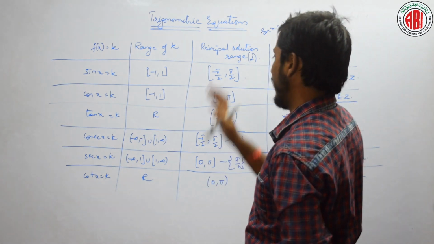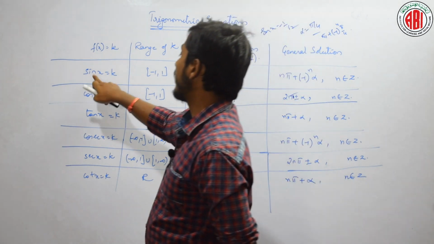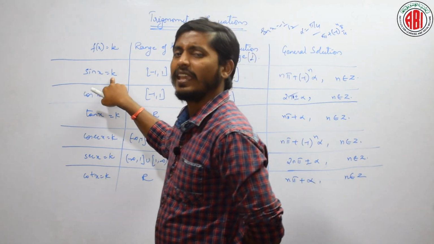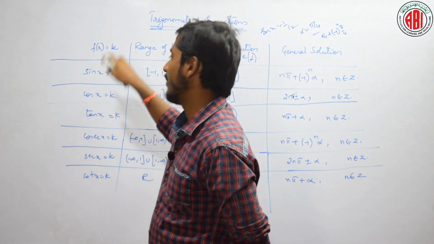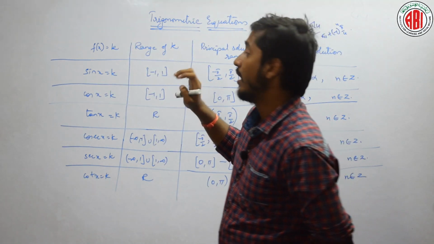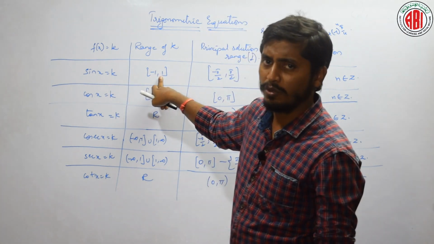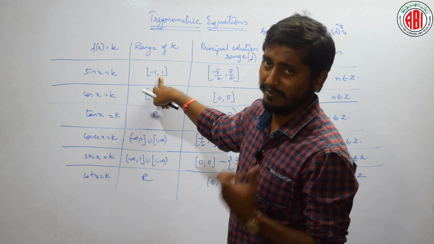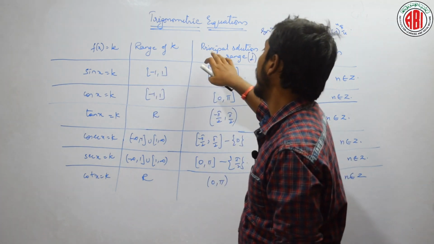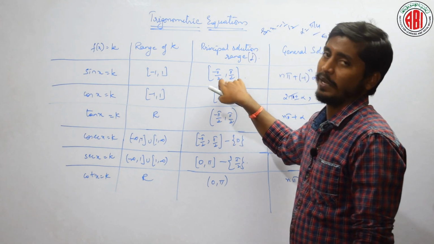See here, let us see all the different solutions of this kind. The first one is sin x equal to k. K is some constant, it might be 0, 1, or 1 by 2 or 1 by 4, whatever. Its value always lies between minus 1 and 1. Hope you know the range of sin lies between minus 1 and 1. Then it can have a principal solution ranging between minus pi by 2 to plus pi by 2.